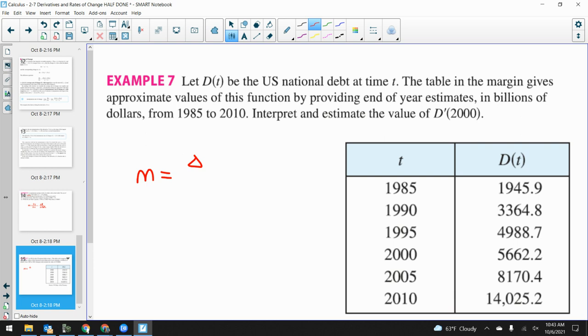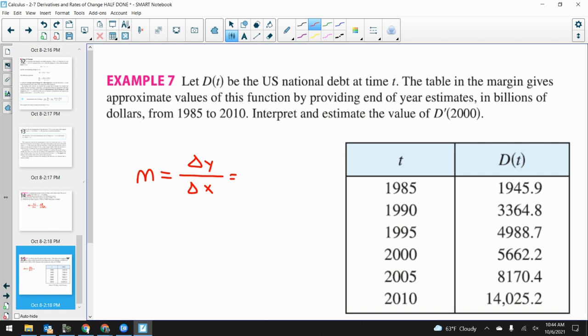Again, so if we want to interpret the derivative, we're going to find the change in y as it pertains to the change in x. So what's my y value here? What's the y value in the table? Providing end of year estimates in billions of dollars. That's our debt.